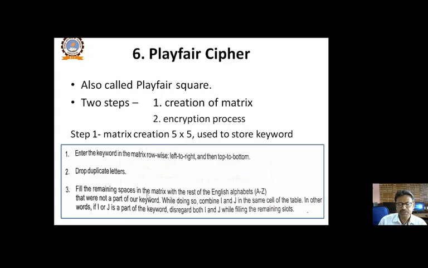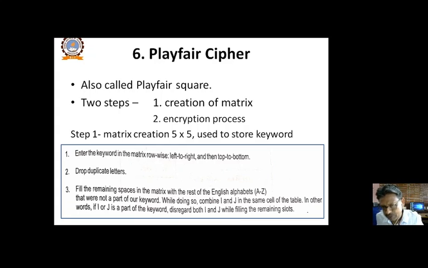Fill the remaining spaces in the matrix with the rest of the English alphabet from A to Z that were not a part of our keyword. And while doing so, combine I and J in the same cell of the table. In other words, if I and J are part of the keyword, disregard both I and J while filling the remaining slots.